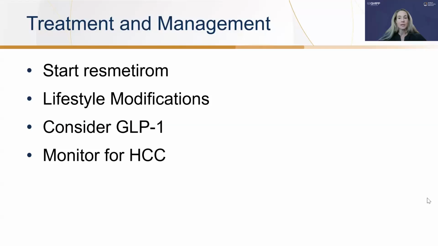It is FDA indicated for patients with MASH with F2 to F3, stage 2 to stage 3. You do not need a liver biopsy for a patient to qualify. It can be based on NITs. It's a very well-tolerated drug.